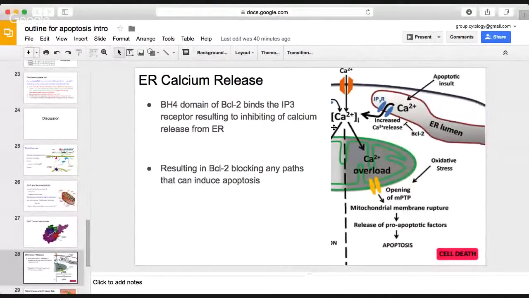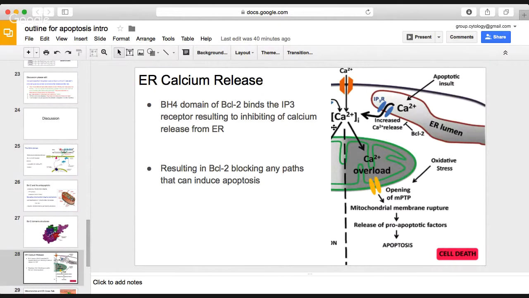Endoplasmic reticulum calcium release can cause apoptosis by mitochondrial calcium overloading. Shown in the figure, when an apoptotic insult is added in the endoplasmic reticulum lumen, excessive calcium is released from the endoplasmic reticulum, causing calcium overloading in the mitochondria, resulting in release of the pro-apoptotic factors, which leads to apoptosis.